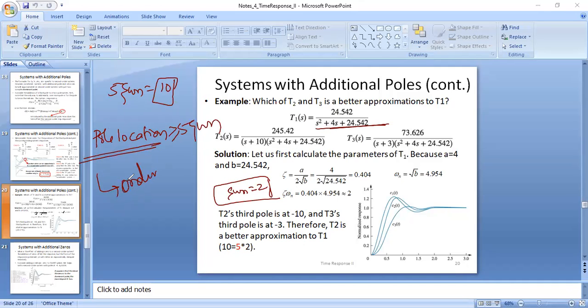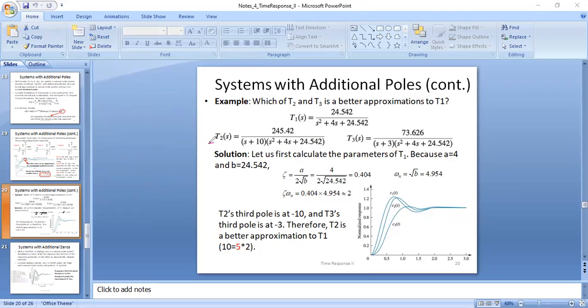It is an ordinary pole. So here you see the location is s equal to -10, and here it is s equal to -3. In this case, this is -10 and these are equal, so you can neglect this. But here you can't neglect this part. So this T2 is approximate to T1, right?